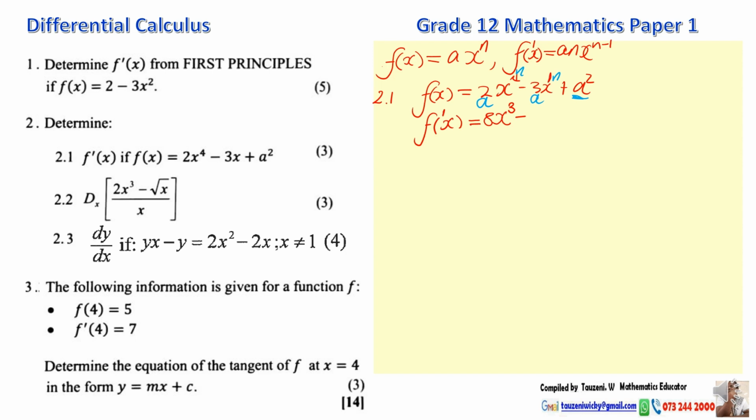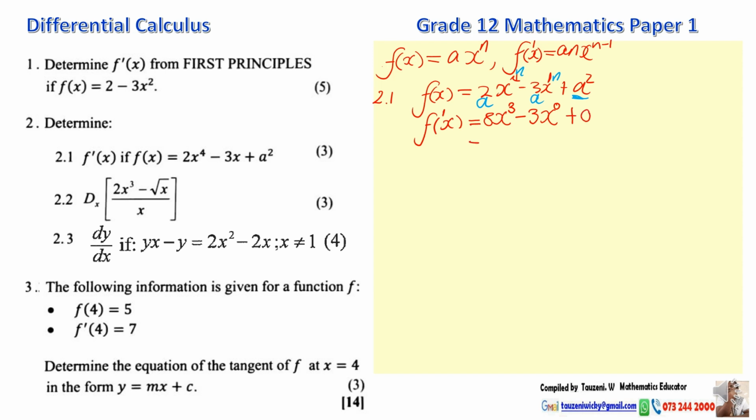So a is negative 3, n is 1. A times n is 1 times negative 3, and that gives me minus 3x. Then the exponent is 1. If you subtract 1 minus 1, that will give you 0. Then the last term becomes 0 after differentiating.